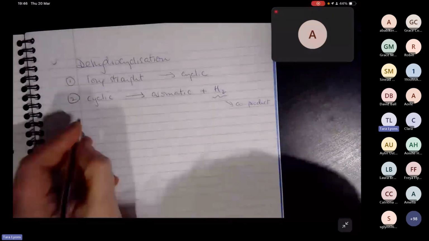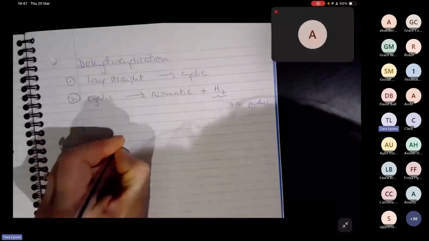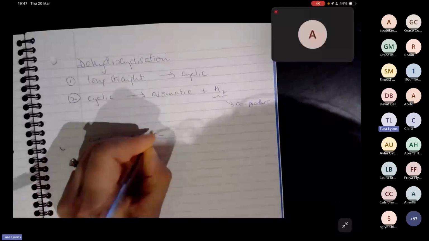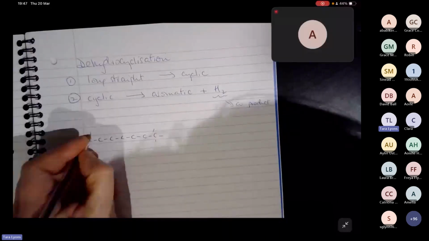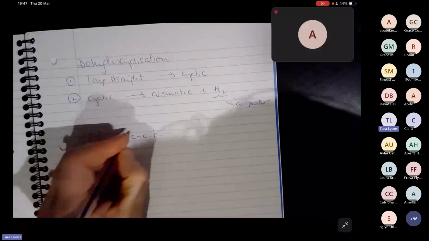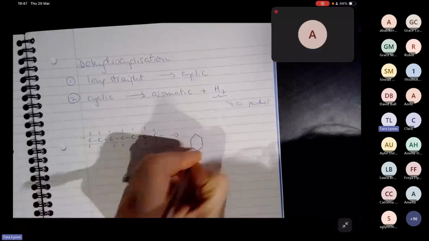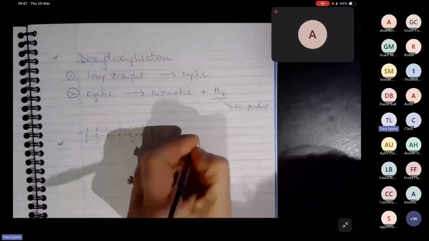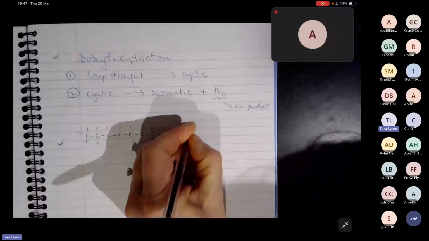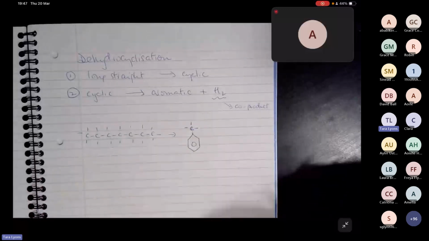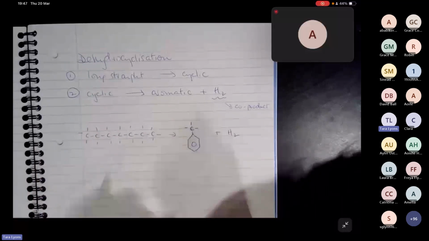So we'll start with heptane: 1, 2, 3, 4, 5, 6, 7, with all of those hydrogens that go with it. We're to get methylbenzene. There's a benzene ring, folks: a hexagon with a circle in the center, with a methyl group, CH3, attached. And they told me to get hydrogen, H2.